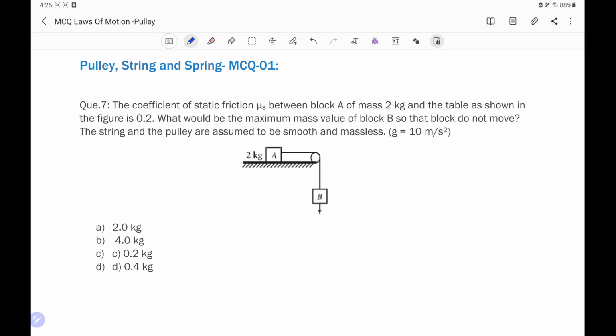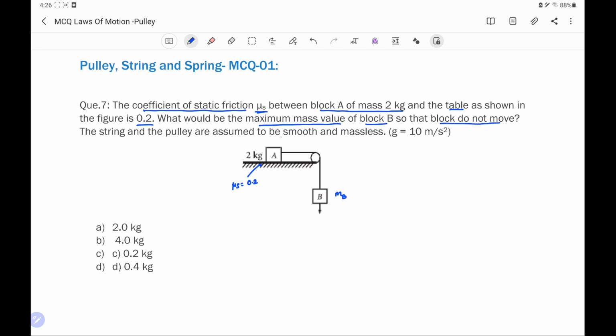Question number 7 is, the coefficient of static friction μs between the block A of mass 2 kg and the table is given here as 0.2. What would be the maximum mass value of block B, this is the mass of block B, MB, so that the blocks do not move?